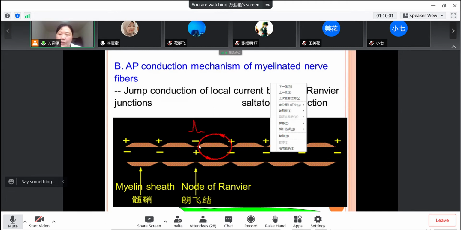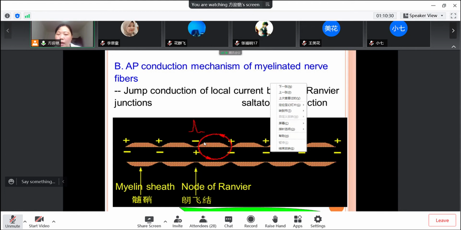And then near to the node of Ranvier, this is negative, yeah. Then this is positive, this negative. That can also form the current, the local current, yeah.